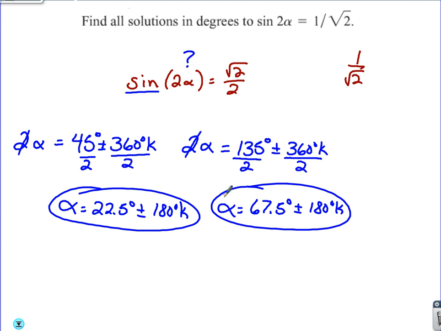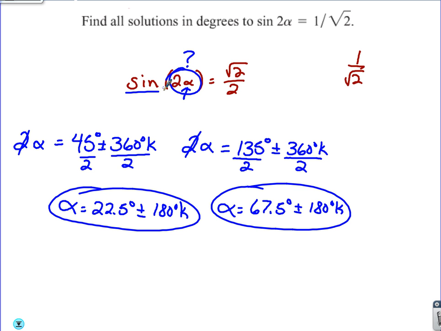So you see a couple of different things happening here. And by the way, you can plug that 22.5 in, and you can see why that works. 2 times 22.5 gives you 45. Sine of 45 is root 2 over 2. But let's go back to transformations for just a second. The normal period of a sine function is 360 degrees. This is not a normal sine function.